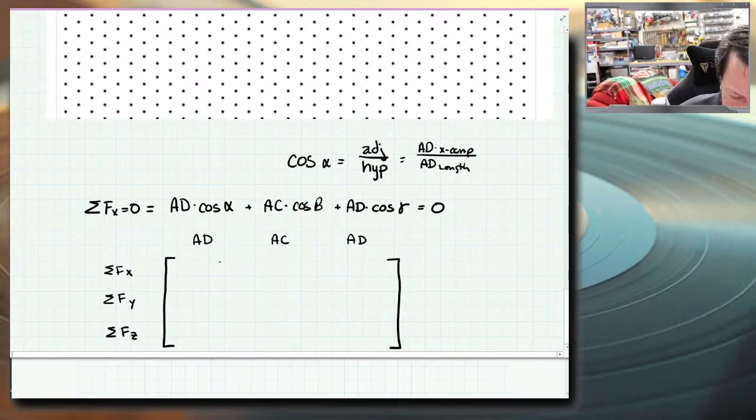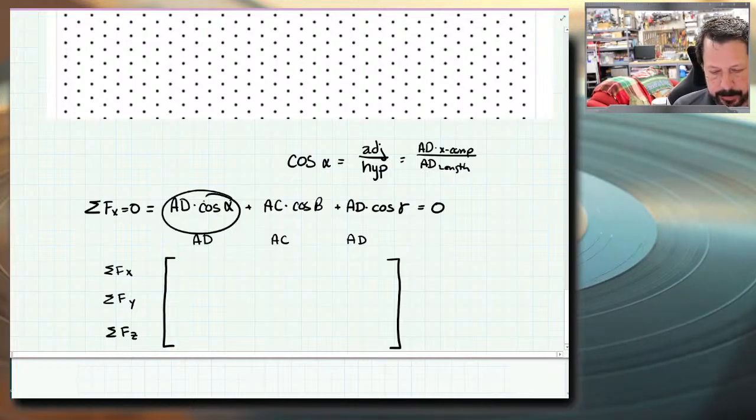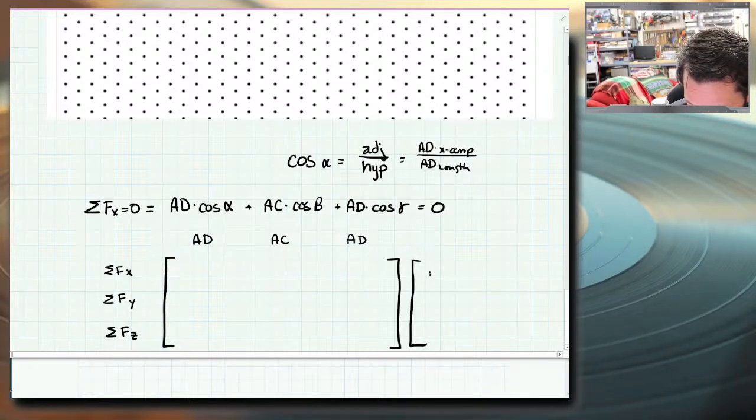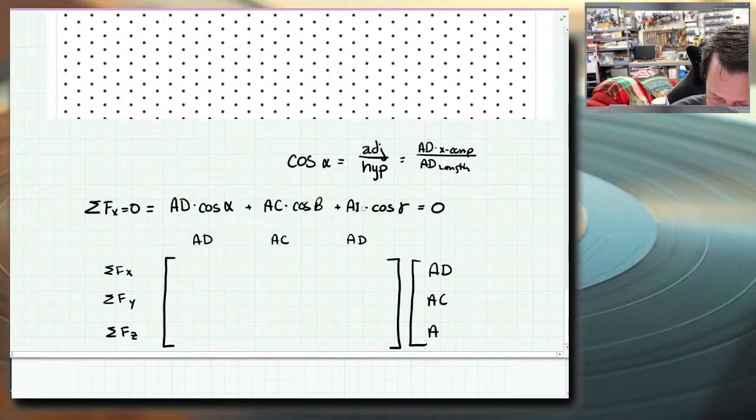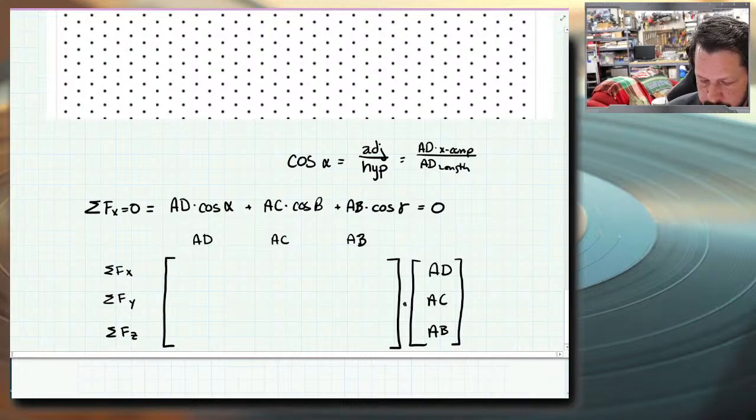Yeah. So the thing that goes in this spot is this guy, cosine of alpha. The AD, the variable name, is actually going to be over here. So AD, AC, and oh, wait, I did AD twice. Which one did I label wrong? This is supposed to be AB at the end. Sorry. Okay, so the coefficient that goes with AD and the x is this cosine of alpha.